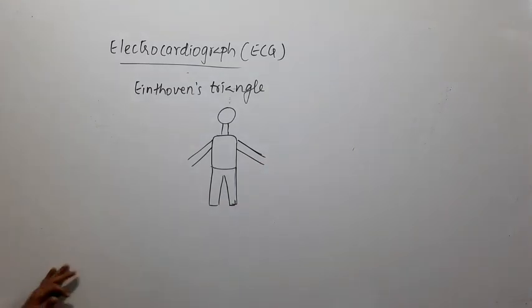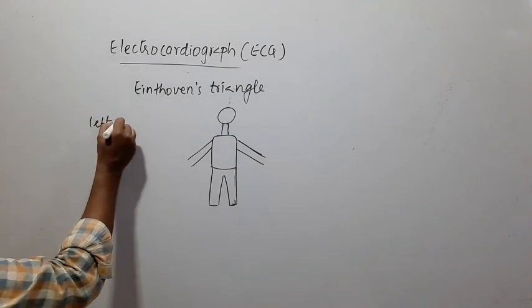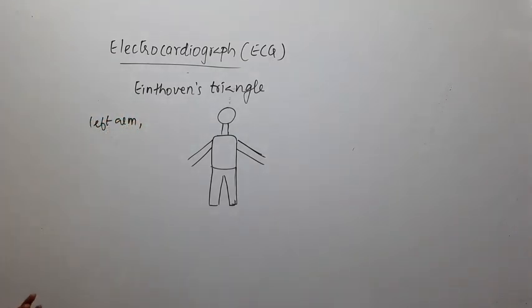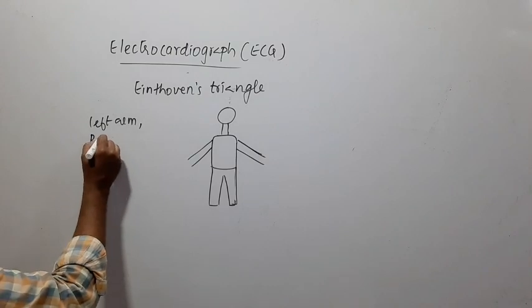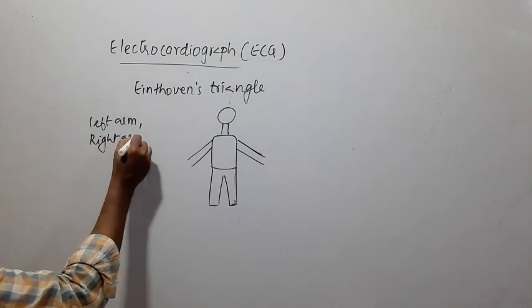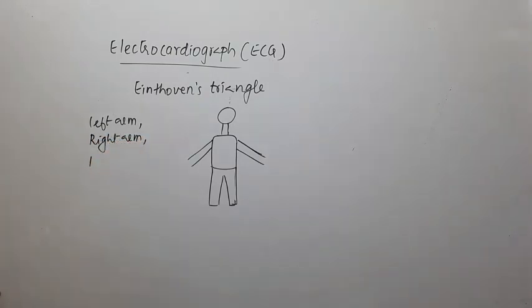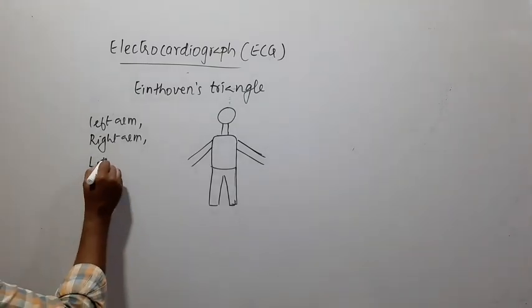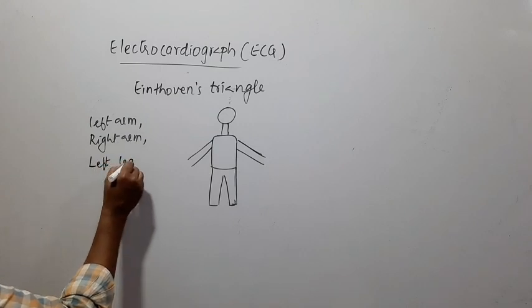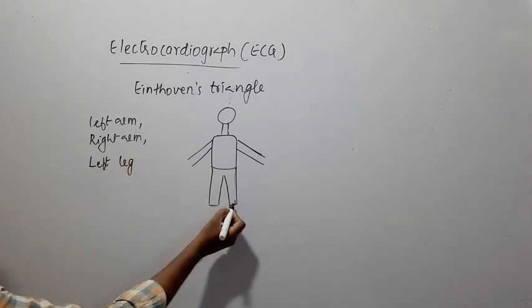That will be the left arm, then the right arm, and then the left ankle, or we take the left leg, where we connect near the ankle.